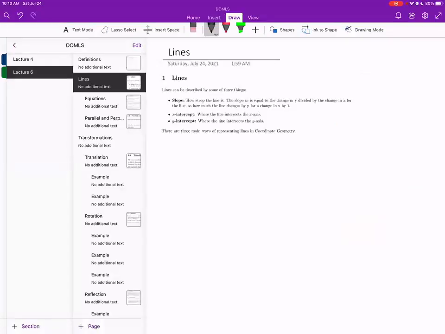Let's talk about slope. The slope tells us how steep a line is. A slope of 0 would be a line that doesn't rise. This one kind of looks like it goes up, but a line of slope 0 would be perfectly horizontal.